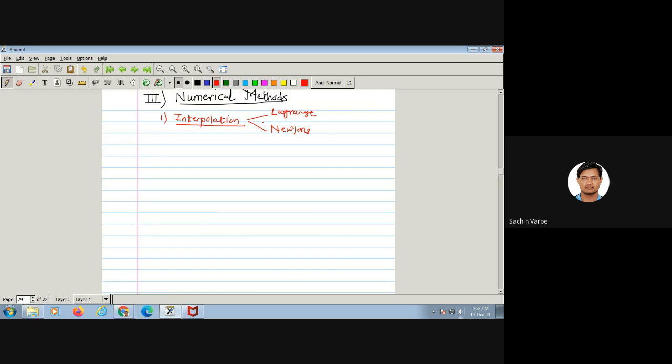We have discussed the basic operators also, like forward difference, backward difference, central difference, average operator, shift operator, and the relation between all these operators. And we have used some relations to get the Newton's interpolation formula. Then in the next point, we have discussed numerical differentiation and numerical integration.